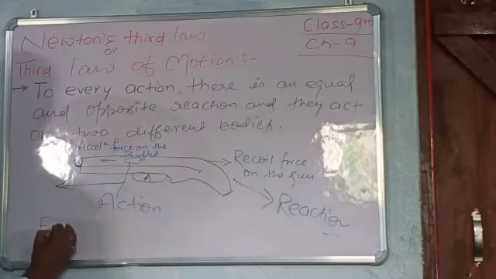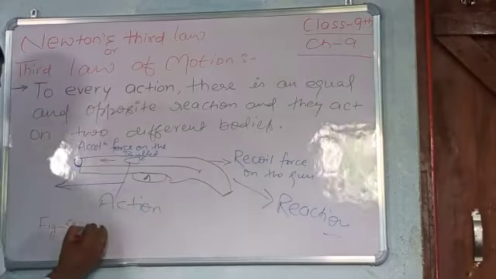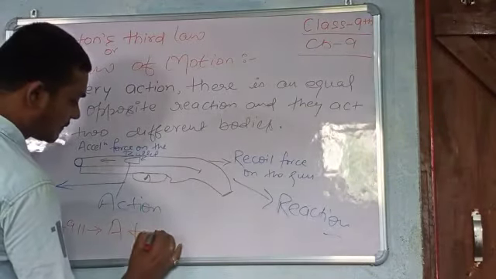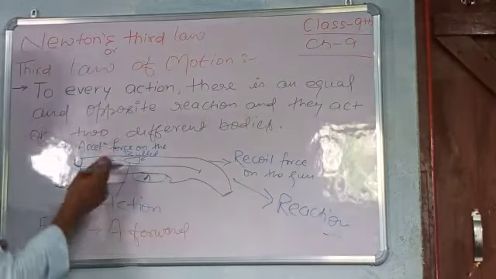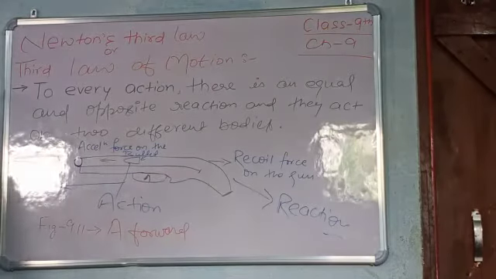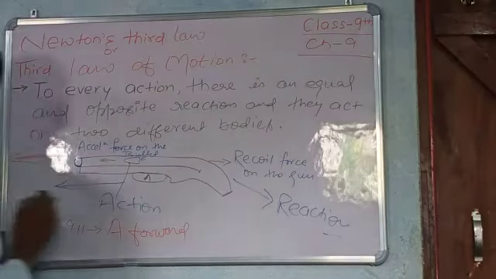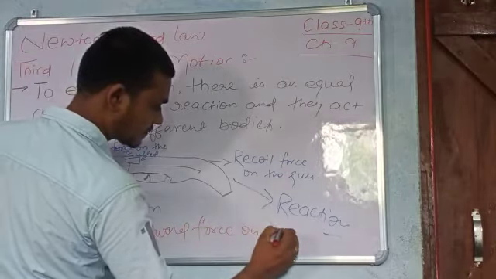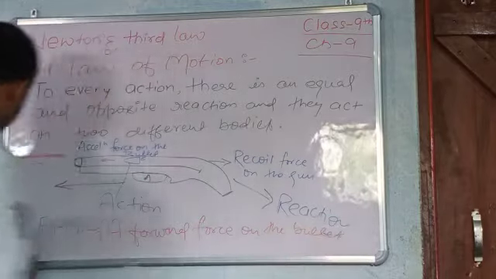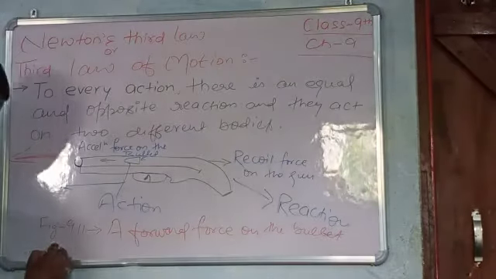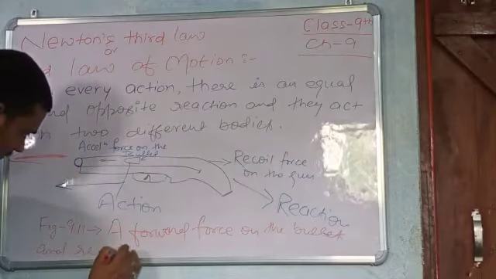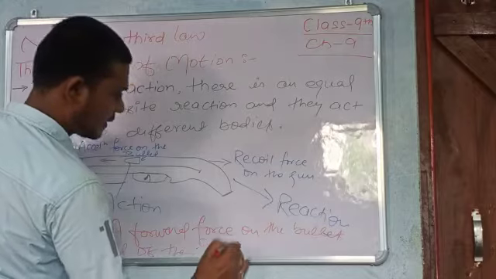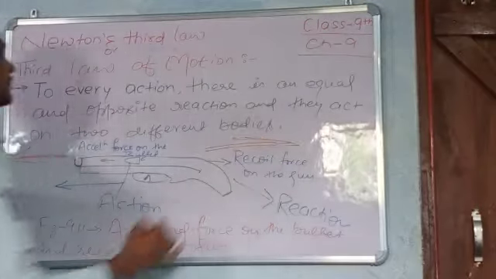The figure is also available in your textbook, 9.11, which shows the forward force on the bullet and the recoil of the gun in this direction.